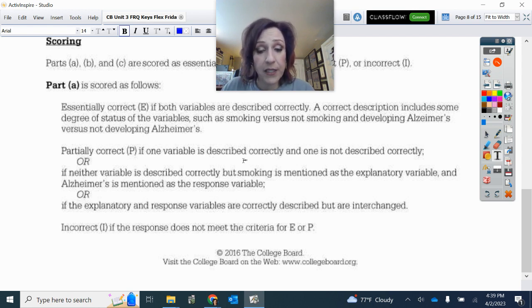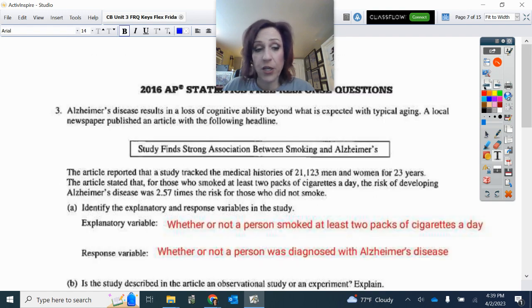One variable is correct, but the other is not described correctly. Neither is described correctly, but you say smoking for the response and Alzheimer's for the explanatory variable. Or if you describe them correctly, but you flipped them, then that's partially correct.